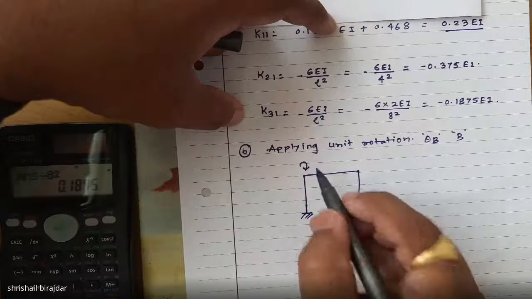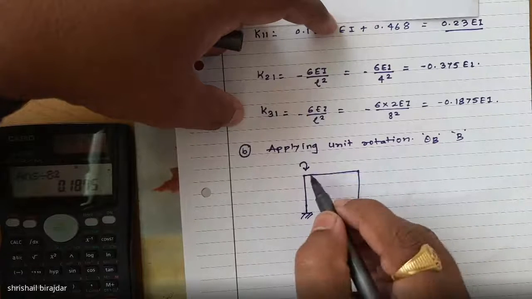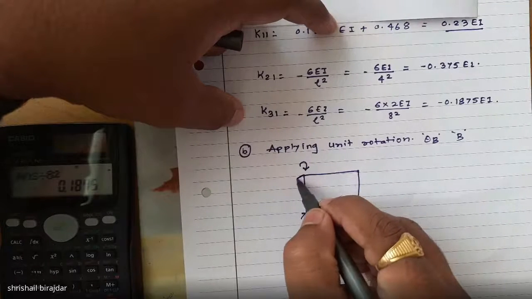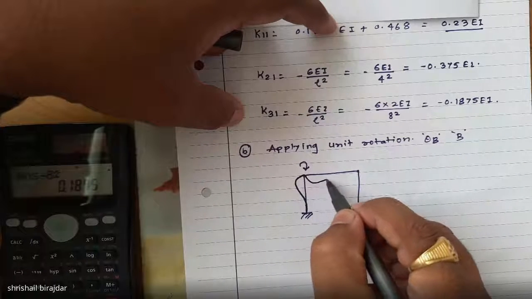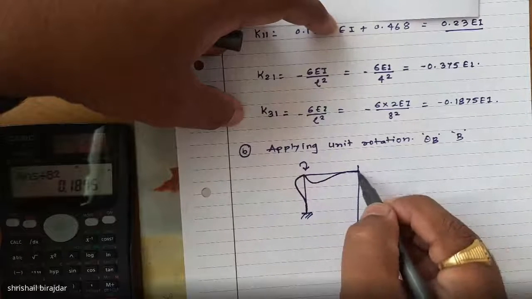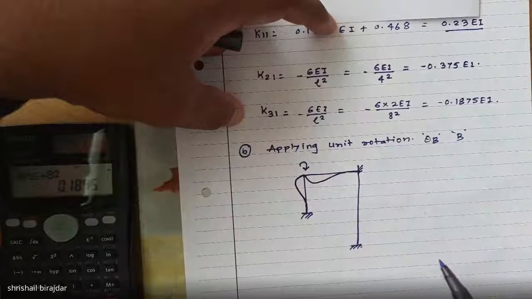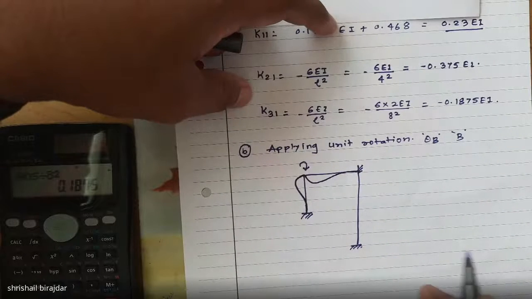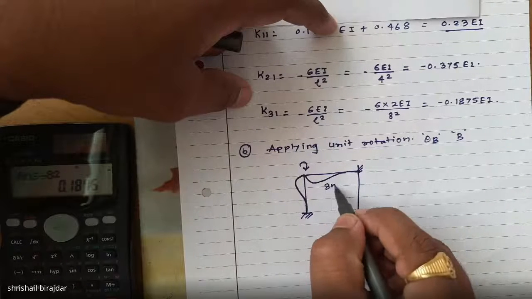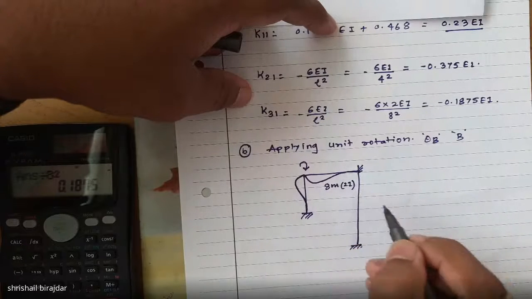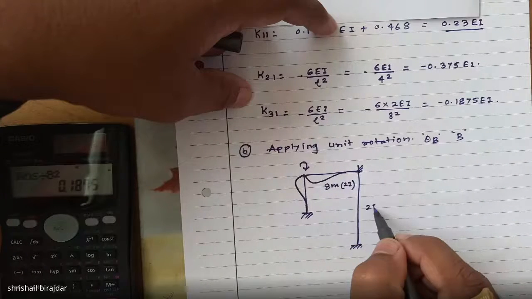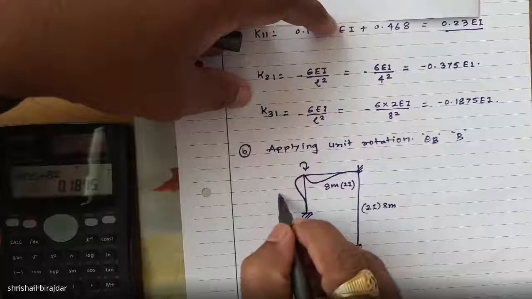So after applying unit rotation, this particular column is deflected like this, and this particular beam is deflected like this. All others you have to keep fixed. Okay, try to find out here 8 meter 2I, here 2I 8 meter, and here 4 meter.